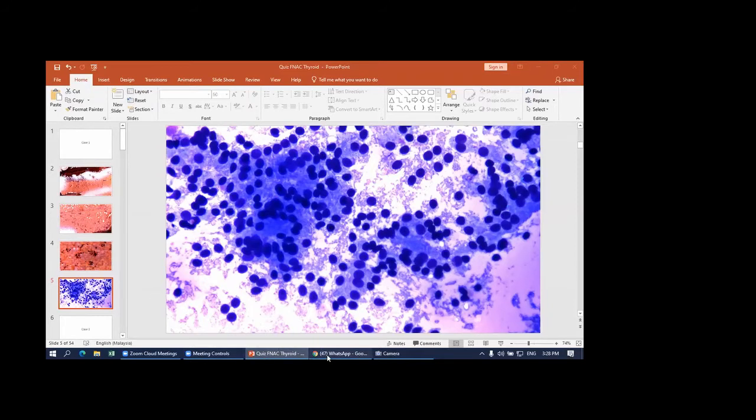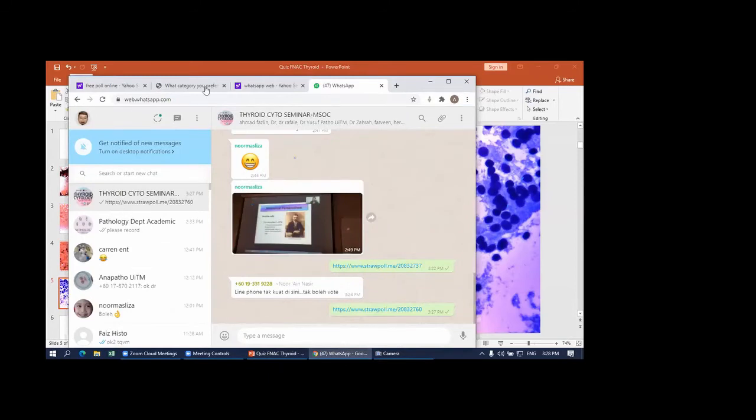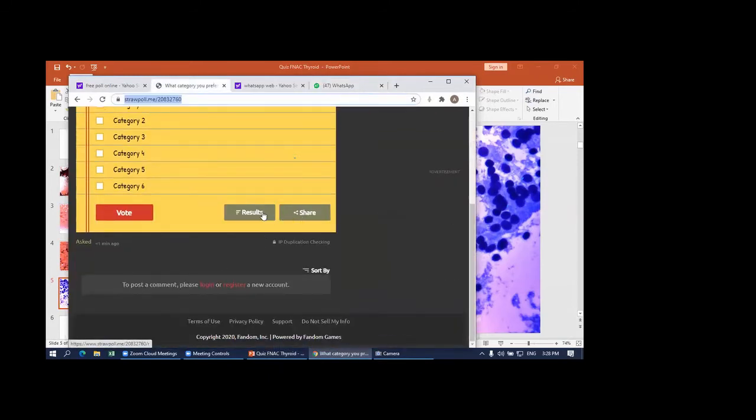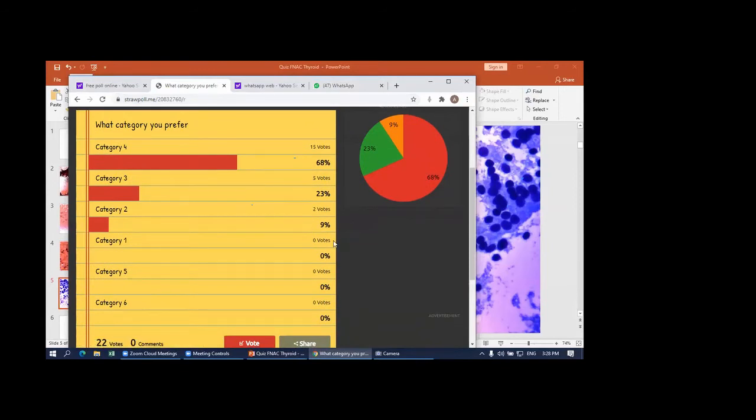So your preferable diagnosis is category 4. Category 4 is SFN. Majority says category 4.